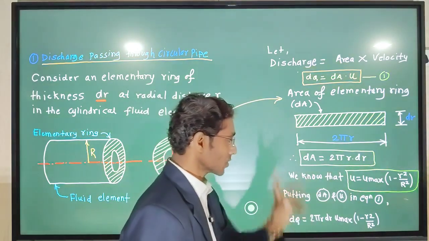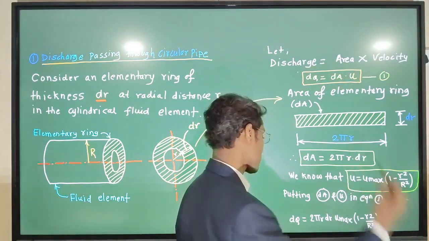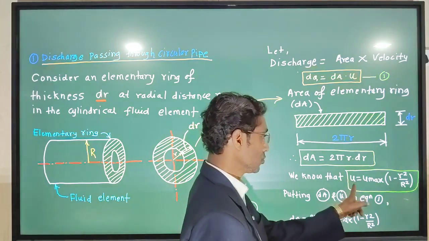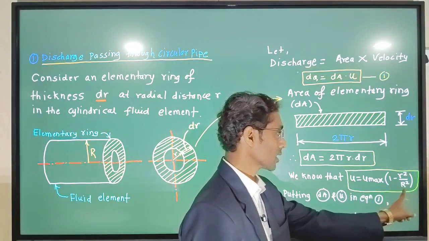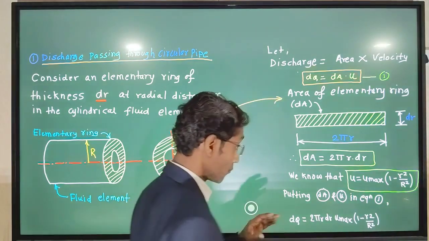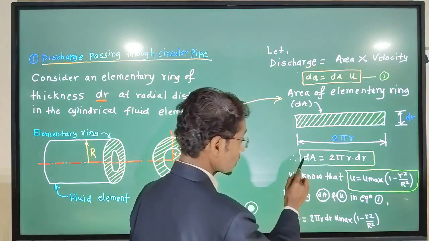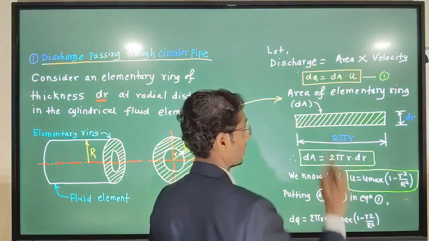In the last video session we have seen the relation between local velocity and maximum velocity, that is u is equal to u max bracket 1 minus small r square divided by capital R square, bracket complete. We will put the expressions for dA and u in equation number 1.